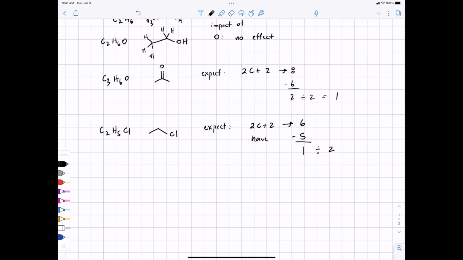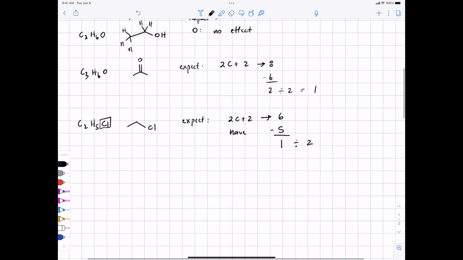So what do you do for the presence of a halide? Well, we're going to modify our expectations so that we know that each halide actually replaces a hydrogen without introducing a double bond. So we're going to actually subtract the number of X, which is going to be, in general, halogens: chlorine, fluorine, bromine, iodide, to adjust how much we expect for the saturated hydrocarbon.